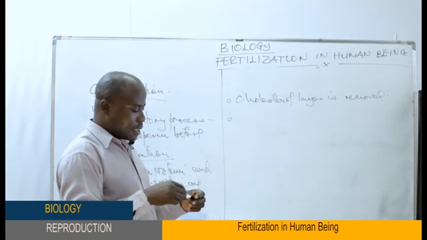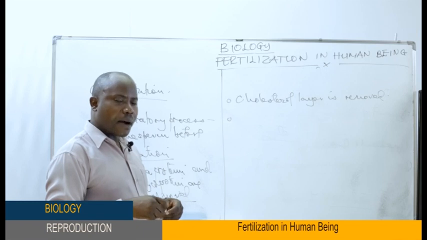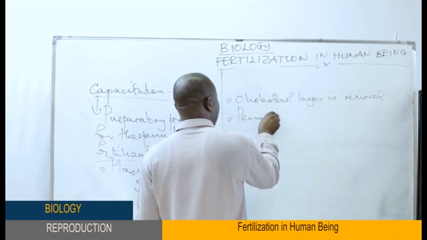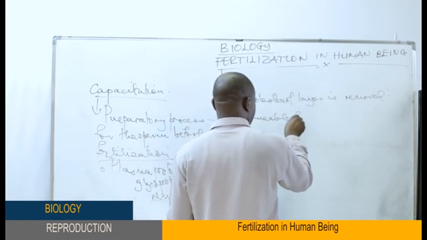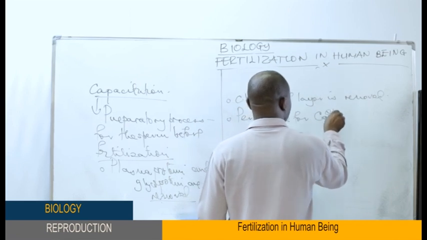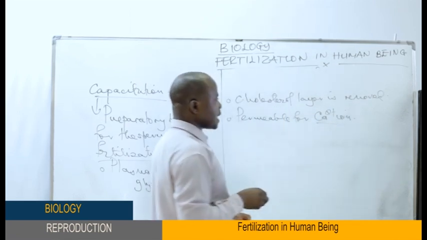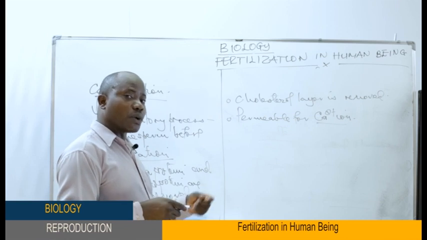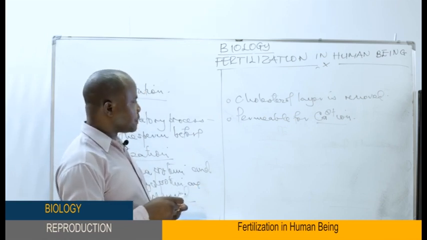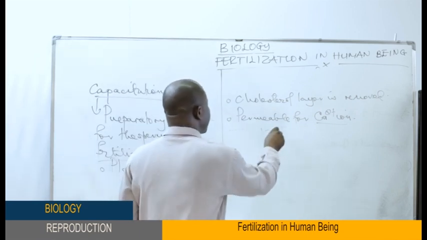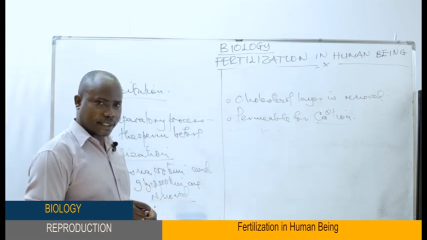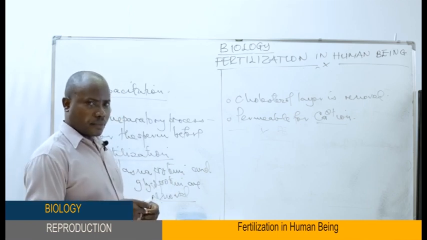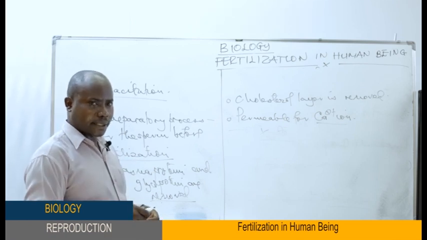And third, the sperm cell plasma membrane becomes permeable to calcium ions, so that the beating activity of the flagella can take place in its way toward the female reproductive cell. By so doing, this question will have been responded to. What you need is to explain the importance of capacitation and why it takes place.